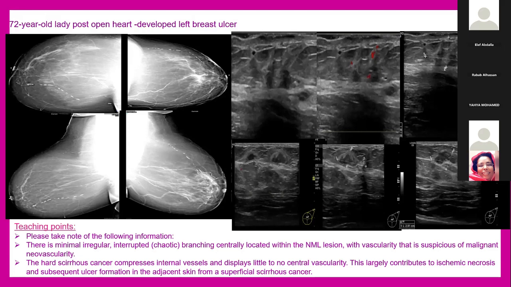The penetrating vessels end at the border of the lesion because the fibrotic effect of the tumor at the core interrupts this new vascularity. And because it is superficial and interrupting the vascularity, that results in decreased vascularity of the overlying skin and ischemic necrosis. And this is a benign ulcer, not a malignant ulcer, due to the effect of the underlying ischemic tumor.